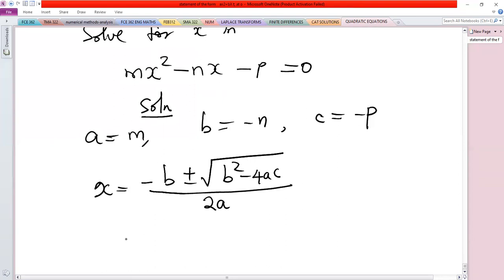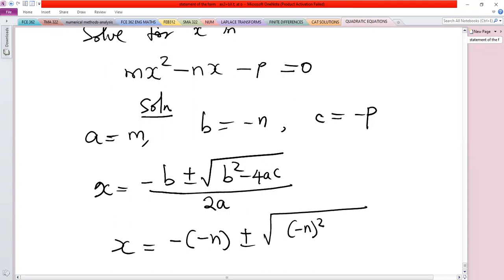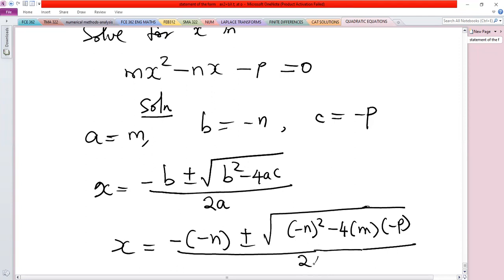And then replacing the values, x will be minus minus n, plus or minus square root of minus n squared minus 4 times a is m, c is minus p, and then you divide it through by 2 times m.